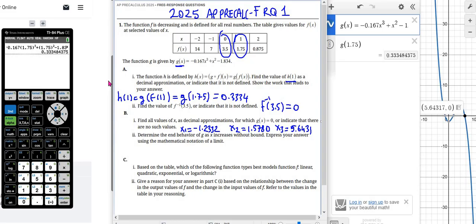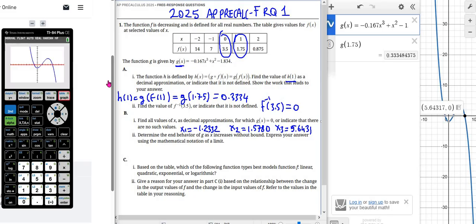On the TI-84, you could again graph it and check the x-intercepts. Type your g function in y1. In y2, type just 0. Y equals 0 is the x-axis. So we have two graphs that we can check the intercepts of.